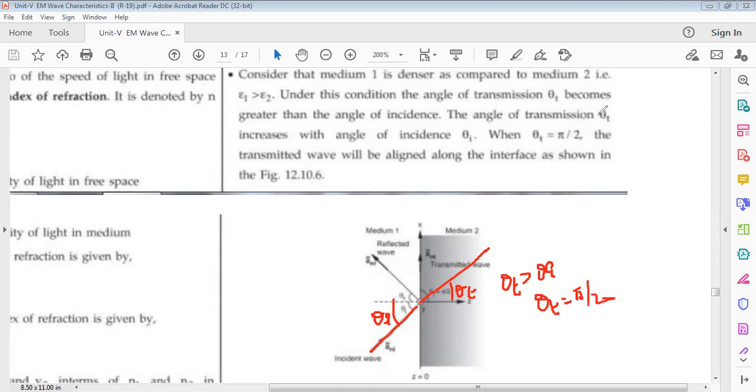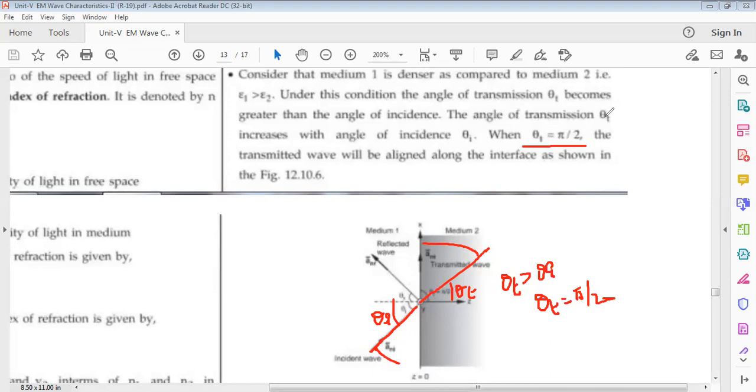Okay, the angle of transmission theta t increases with the angle of incidence. When theta t is equal to pi by 2, the transmitted wave will be aligned along the interface. This is theta t, which goes on increasing up to 90 degrees, as we increase theta i until theta t is equal to 90 degrees.